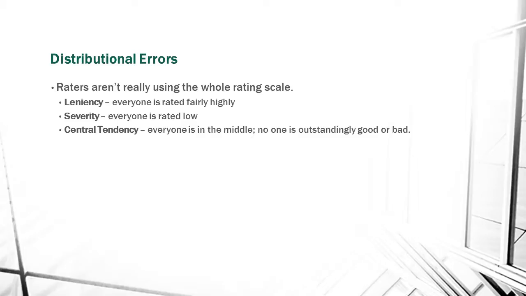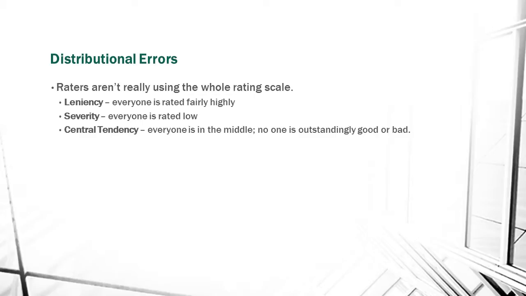Leniency error is when everyone is rated fairly high, so raters only use the top part of the rating scale. A severity bias is when everyone is rated fairly low, and then a central tendency bias would be when you tend to rate everyone in the middle, with nobody being outstandingly good or bad.